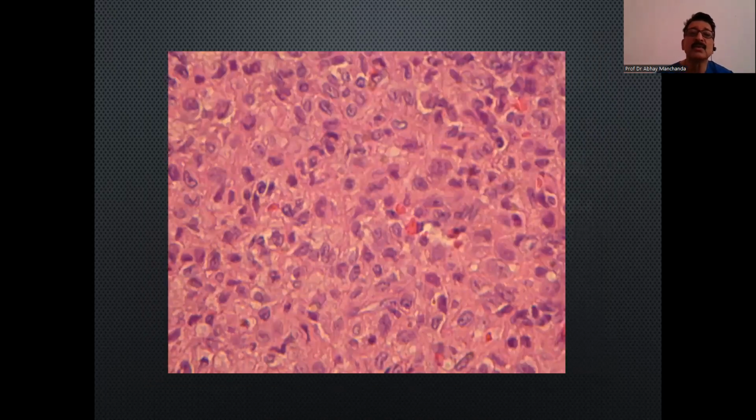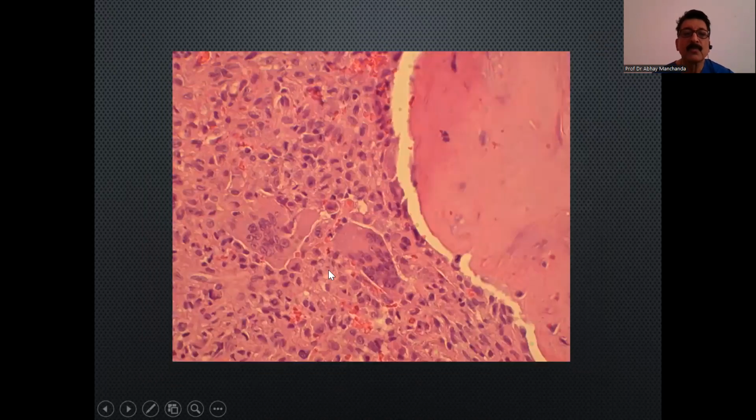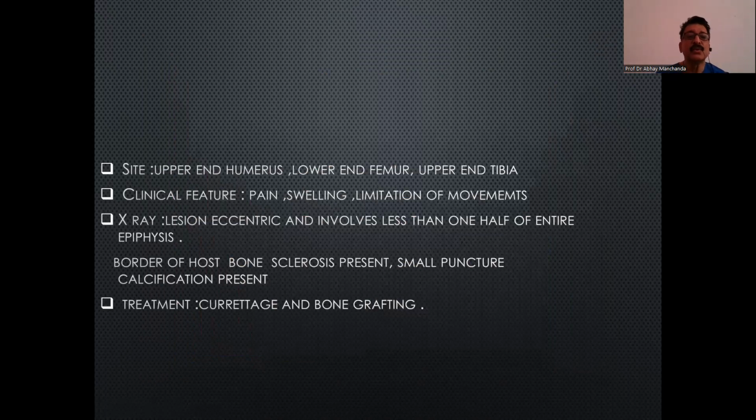Here you can see giant cells somewhere, although not here, but mostly it is cartilage. Here you can see giant cells. So don't confuse it with GCT.